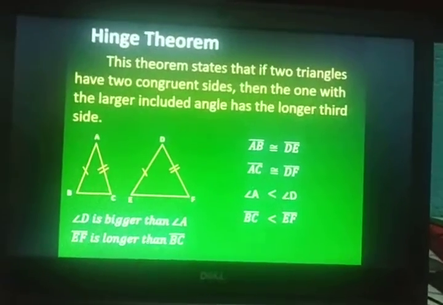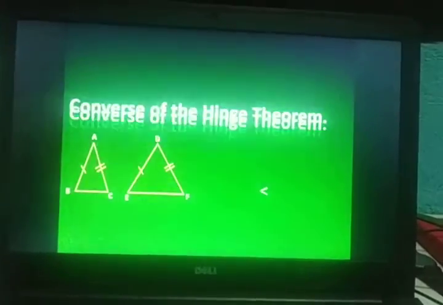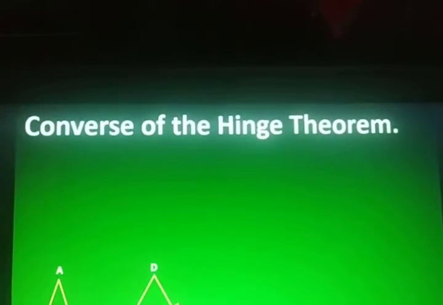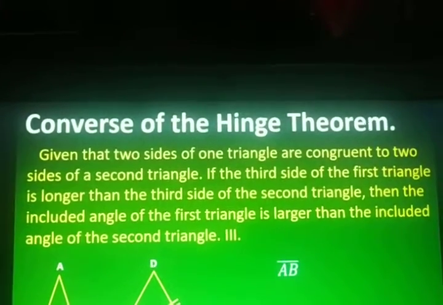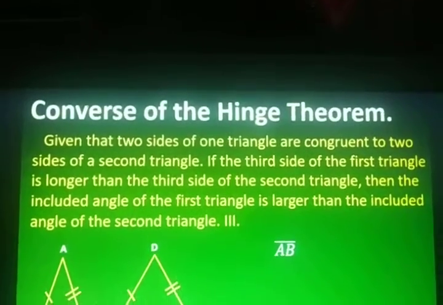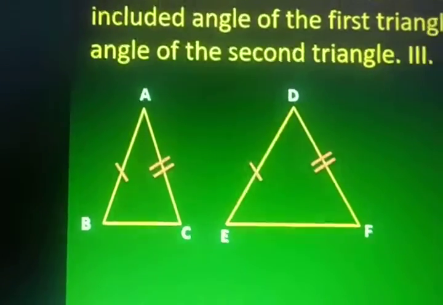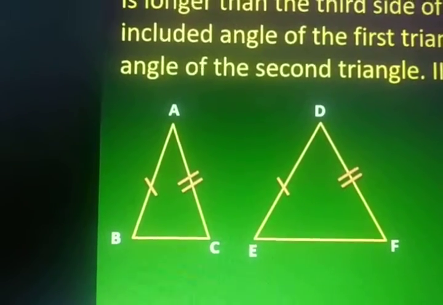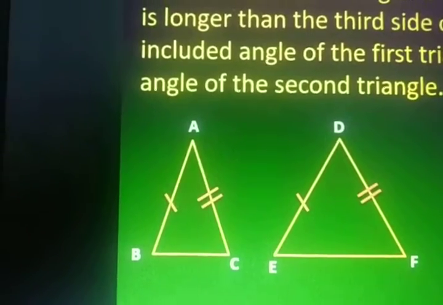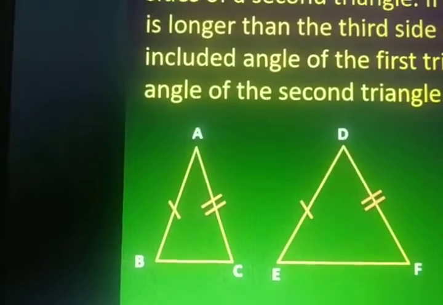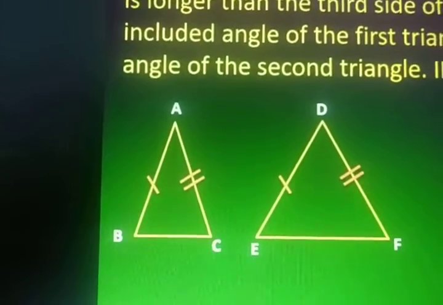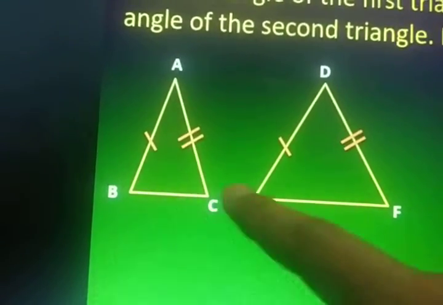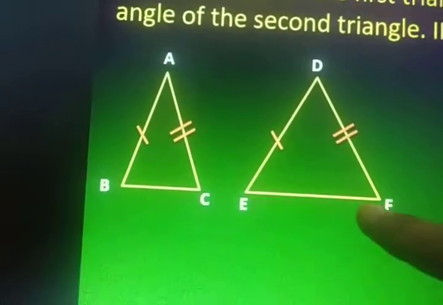Okay, let's go to our last theorem. This is the opposite of the Hinge Theorem. So, this is the converse of the Hinge Theorem. Okay, let's study again these two triangles. If these two triangles have two sides congruent, kay opposite sa isang Hinge Theorem, this time, mabase ka naman kung sino ang dako or sino nga laba nga side.